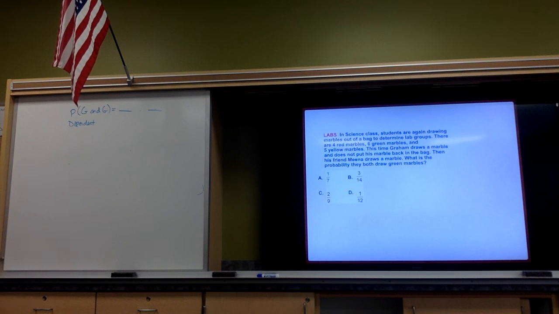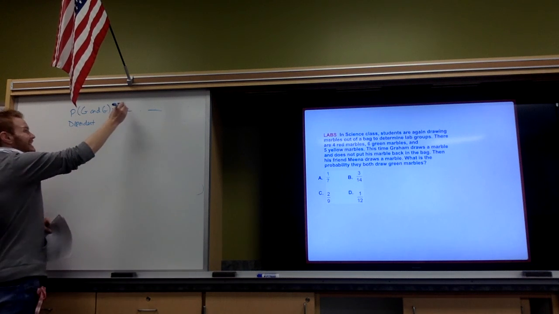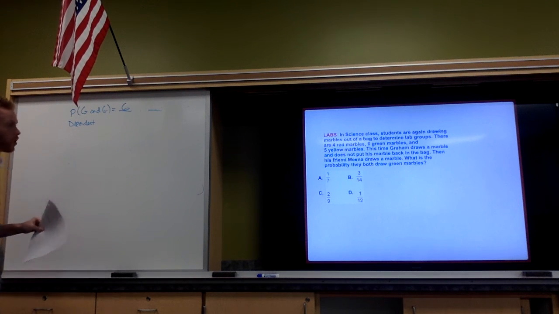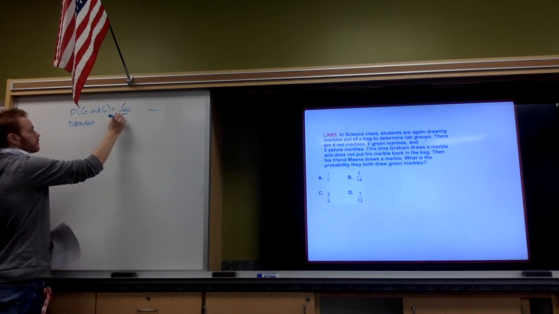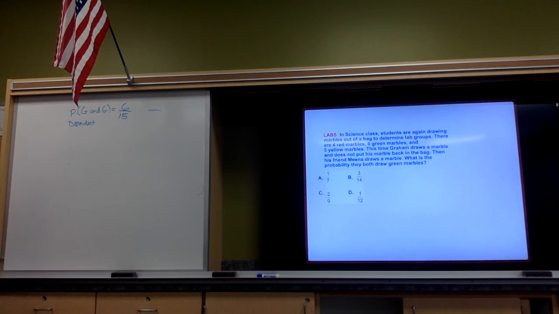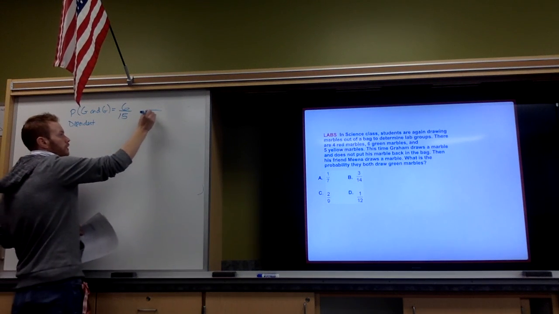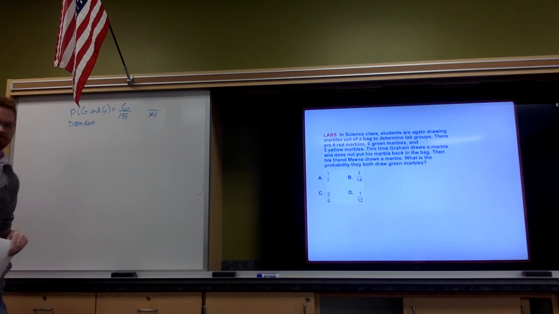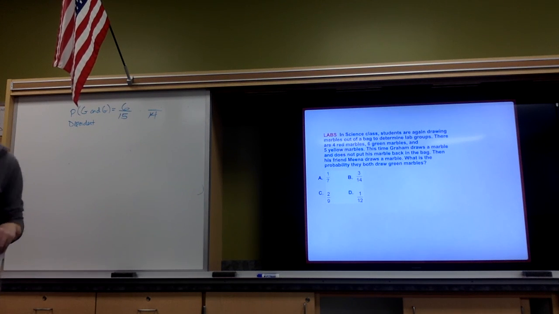First one, how many green marbles do we start off with? 6. How many total are in here? I think it's still 15? Yeah, 15. Okay? Now we're going to switch it up. He doesn't put the marble back. So there's only 14 left. Let's say he did choose a green one.